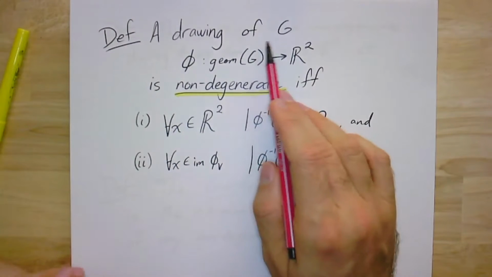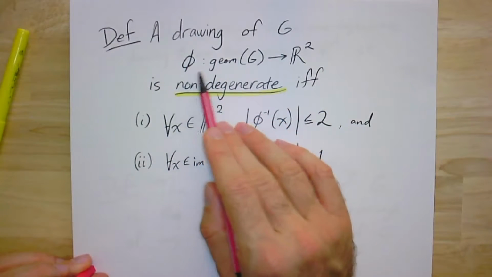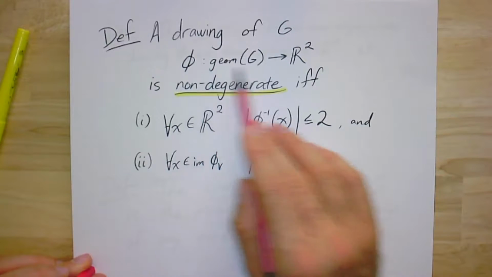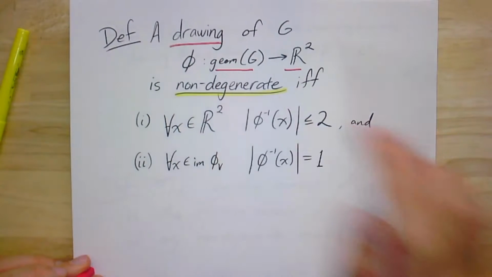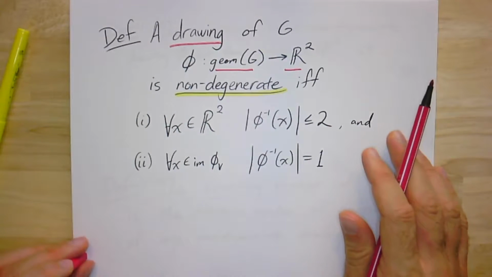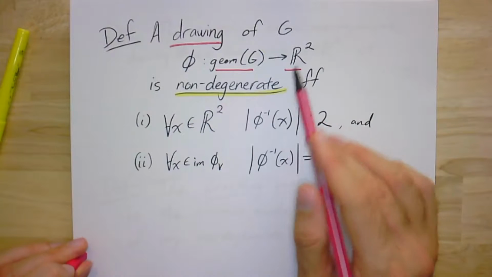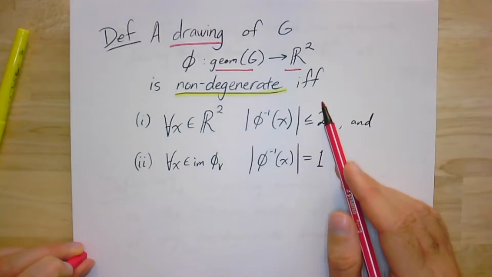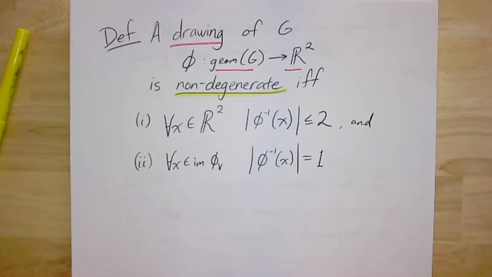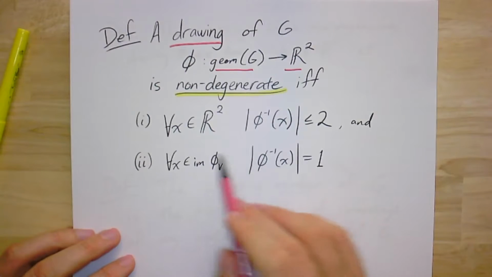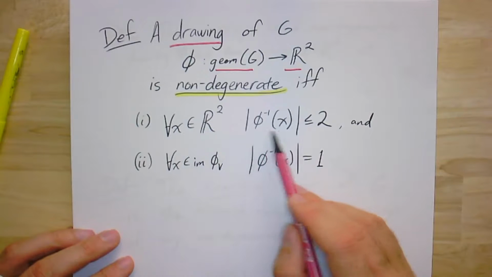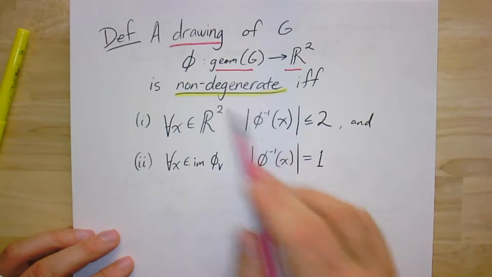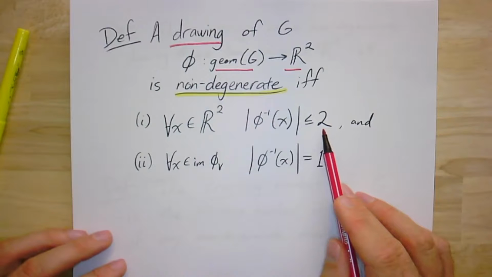So we're going to say that a drawing, remember this is some kind of continuous map from the geometric realization into R2. Drawing means it just has to be continuous. It doesn't have to be injective. We're going to say that a drawing is non-degenerate if it has these 2 properties. All right, and what are they? First is that for all points in the plane, if I look at the preimage of that point under this drawing, there's at most 2 points in the geometric realization.